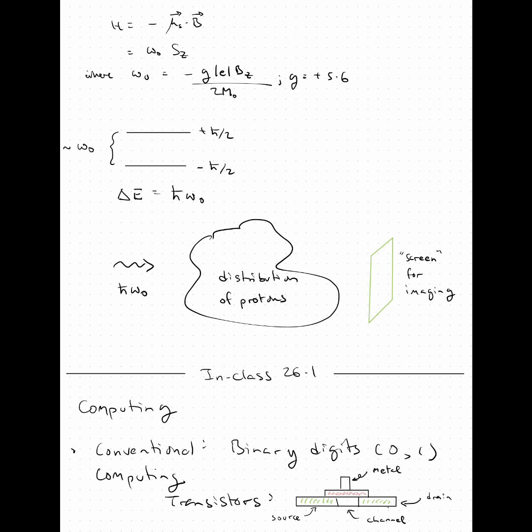By changing the voltage applied to the gate across the source and the drain, across the channel, you can either have current flowing or not flowing through this channel, and this allows your switch to be on or off, represented by ones or zeros. That's roughly how it works.